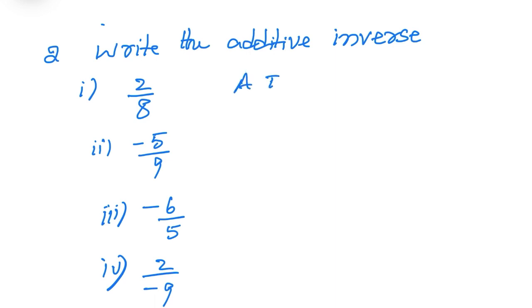It is just the opposite sign of this one, minus 2 by 8. As simple as that. Here you see minus 5 by 9. What is its additive inverse? Take the opposite sign. Minus 5 by 9 means 5 by 9. Plus 5 by 9 it becomes.